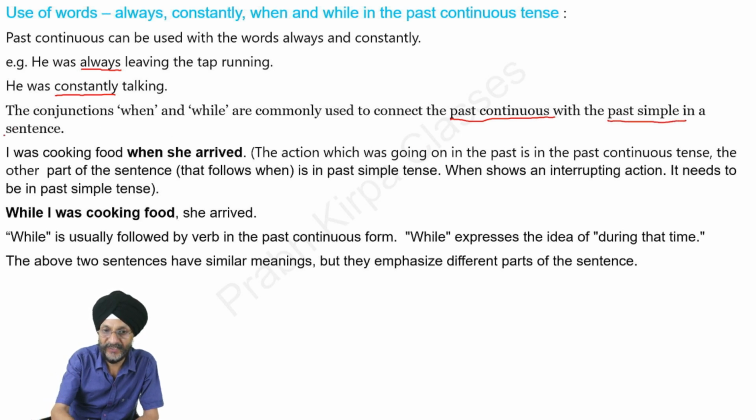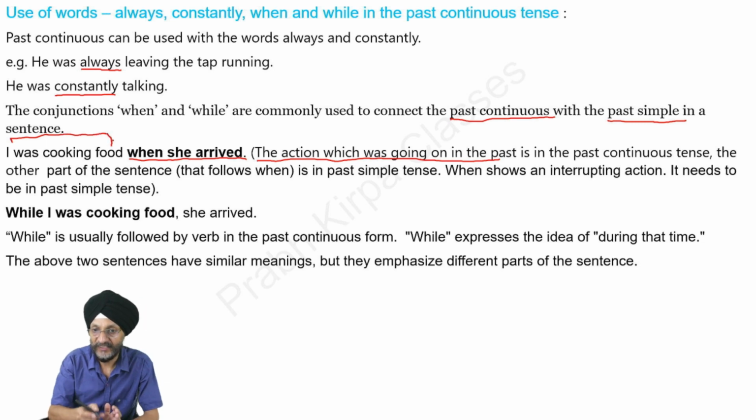The conjunctions when and while are commonly used to connect the past continuous with the past simple in a sentence. Example, I was cooking food when she arrived. The action which was going on in the past, this is the action. I was cooking food. This is the action which was going on in the past in past continuous tense.